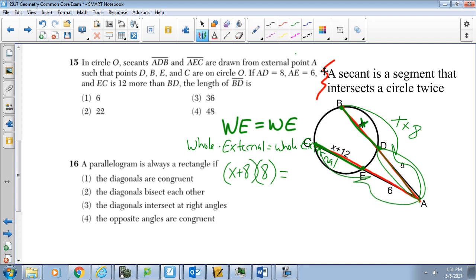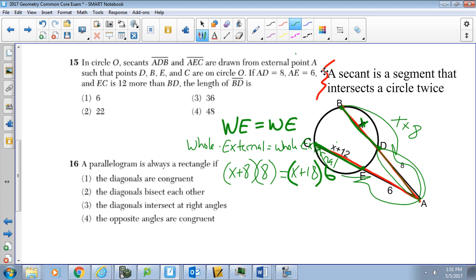Now, the whole here is going to be x plus 12 plus 6, so it's actually x plus 18. That's the whole. I don't want to forget the external, so that's going to be times 6.